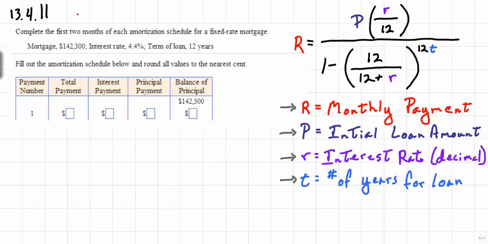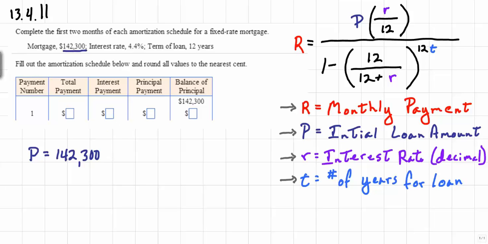First we're going to start with P, which is the initial loan amount. P in this case is $142,300. And notice that I'm not going to put any dollar signs on it. We're just going to set them up and put them into the formula and then calculate it.